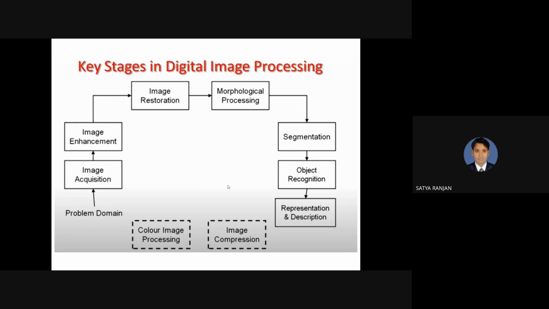Then morphological processing, then segmentation, then object recognition, then representation and description, then image compression, then color image processing. These are the different stages of digital image processing, and we have to go one by one.